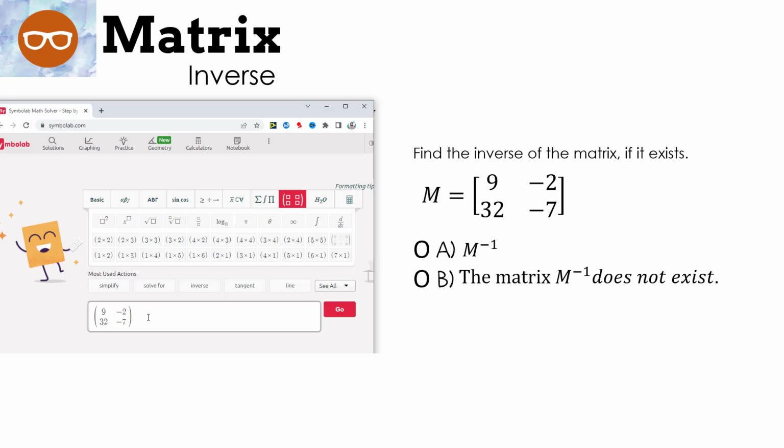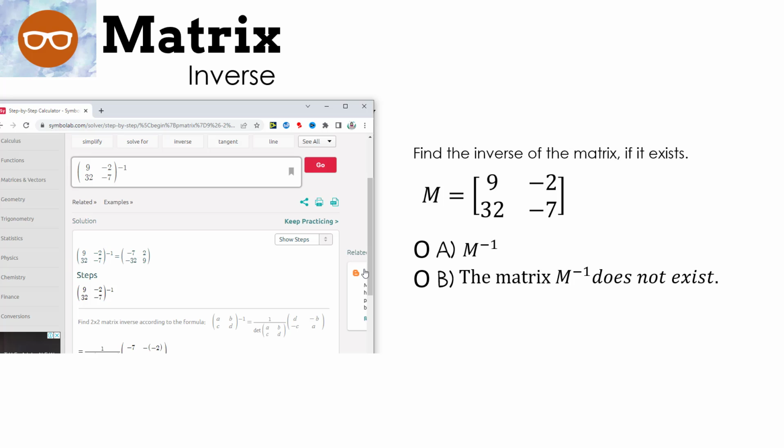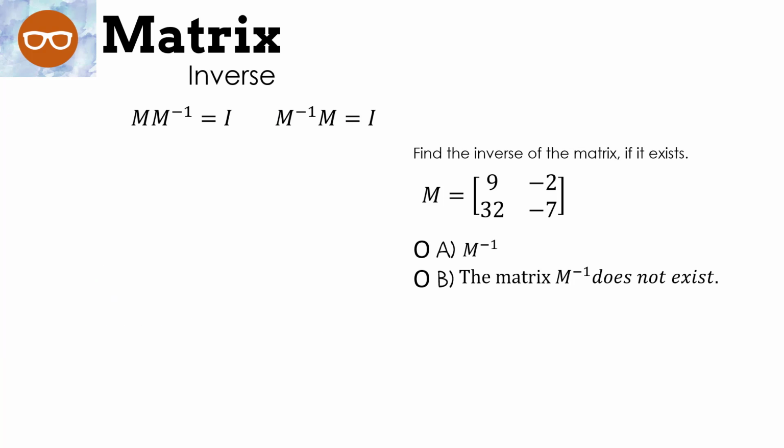Now to find the inverse, we're going to go right here for our exponent key, and we're going to put in -1, because that means M inverse. Let's go. And here is our inverse. Find the inverse of the matrix if it exists, and we just found out that it does exist, and it turns out to be our inverse matrix is -7, 2, -32, 9.